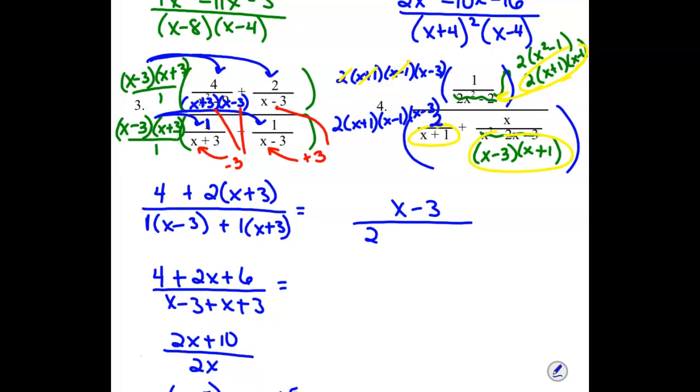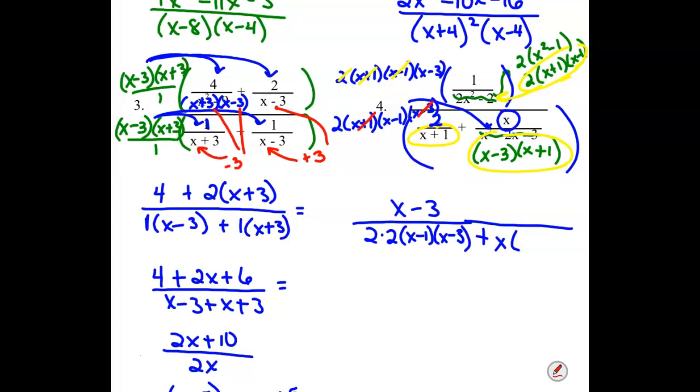The x plus 1's would drop out, but we have another 2, an x minus 1, and an x minus 3 that's all still in there. Plus, when we distribute all of those pieces to the second one, we have our x. The x minus 3 and the x plus 1 would drop out. We'd still have the 2 and the x minus 1. So we have a lot of cleaning up to do here.